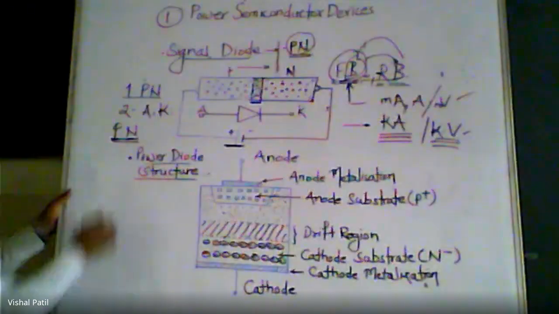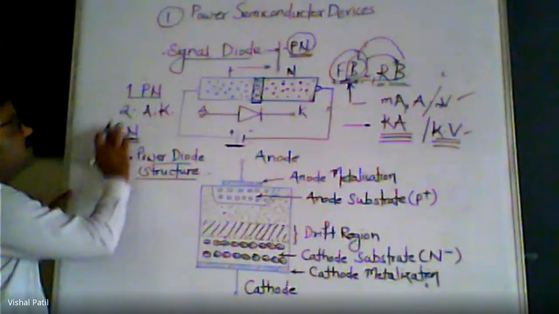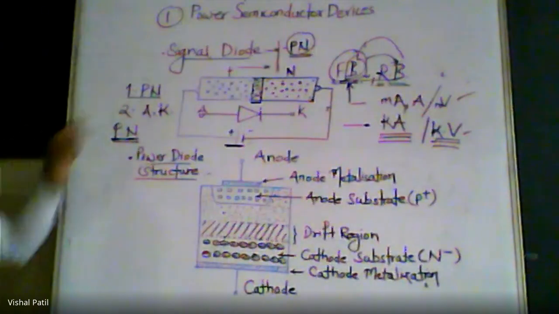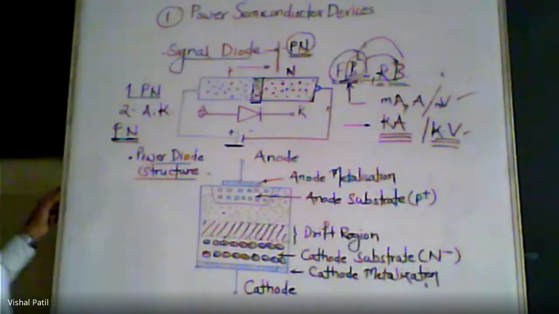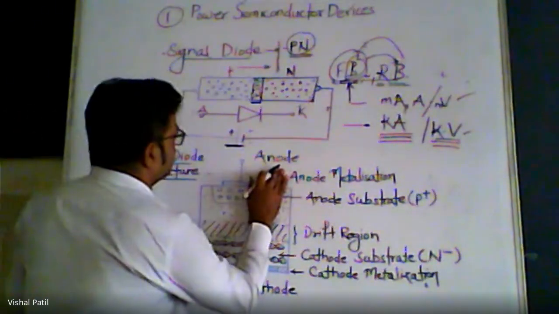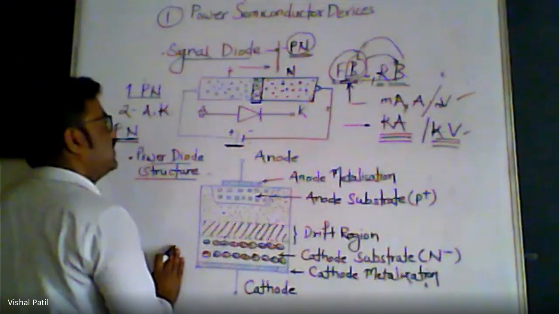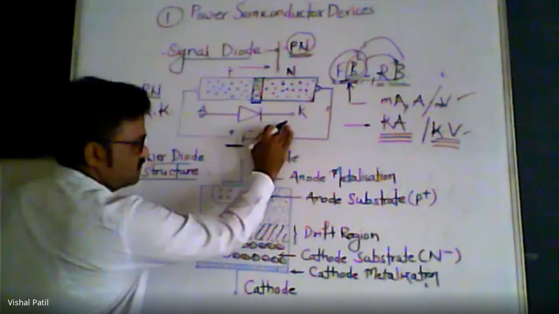These are the features of any diode, let it be signal or power diode. But a power diode is a little bit different in the structure and in the configuration if we compare it with the normal diode.